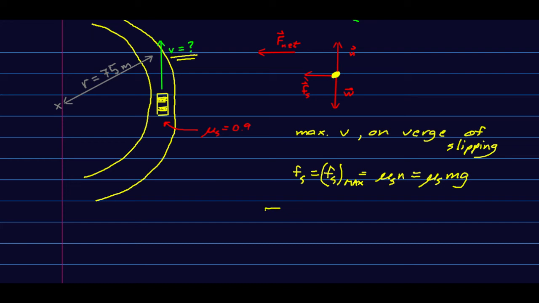And so all I now need to do is define my axes, and I will put the x-axis in. And so all I now have in the x-axis is that I have the friction, which I've just said is mu Smg, and that equals ma.